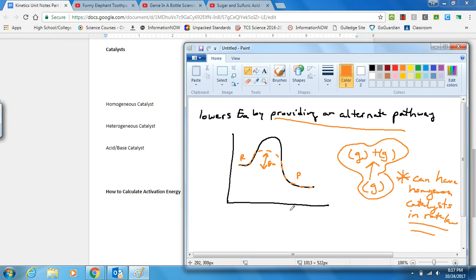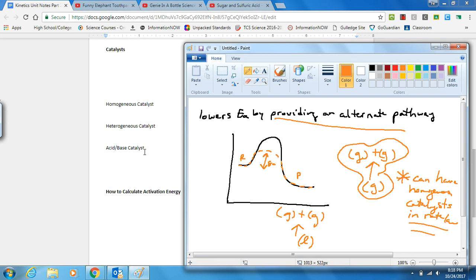A heterogeneous catalyst is when the state of matter of the catalyst is different from the state of matter of my reactants. Let's say again we have both of those gases reacting, and I introduce maybe a liquid catalyst. This would be an example of a heterogeneous catalyst.